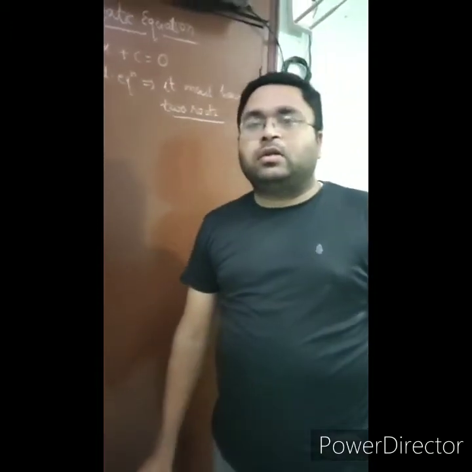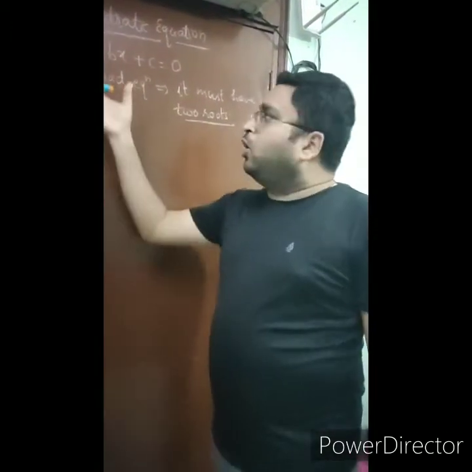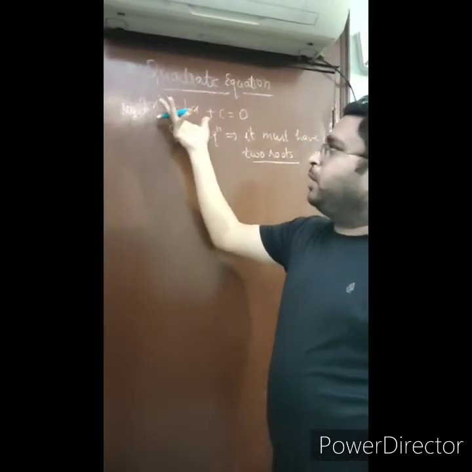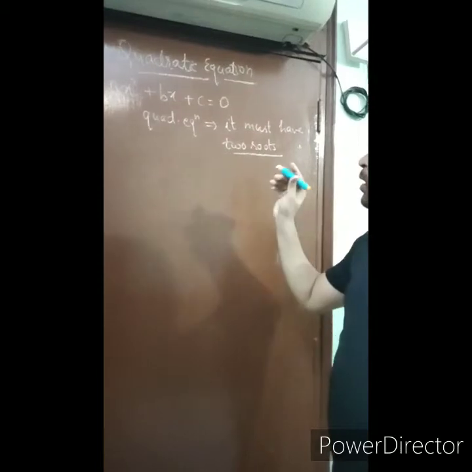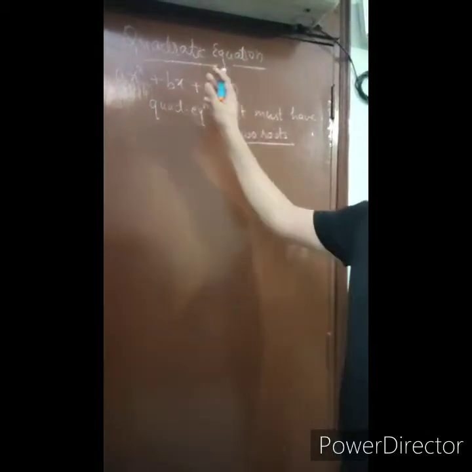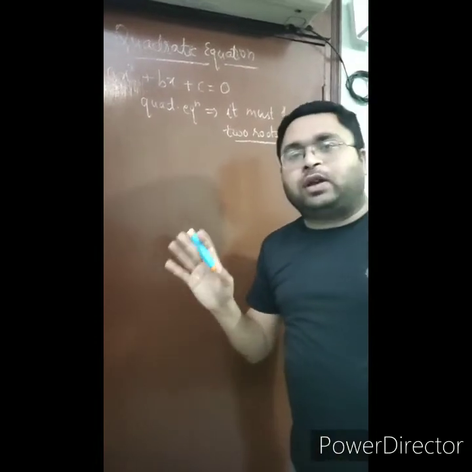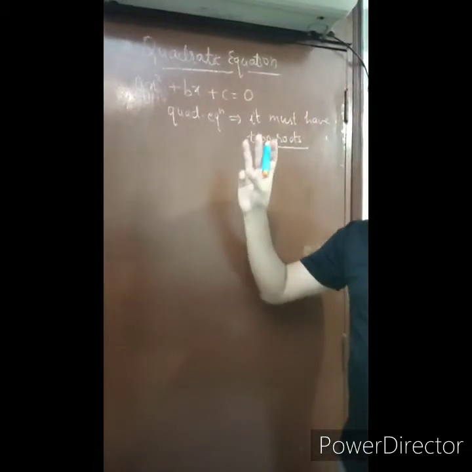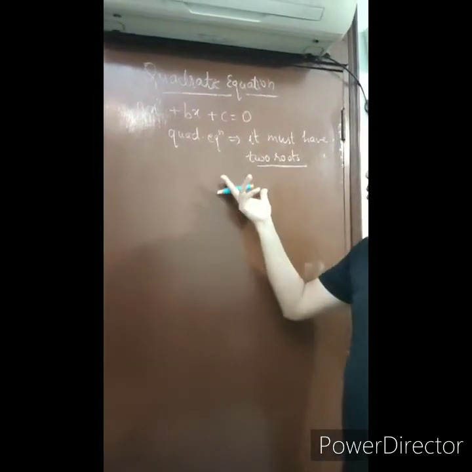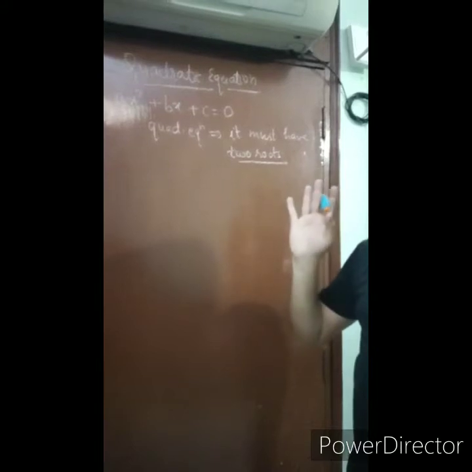What is the root? The root is the value of the variable for which the whole polynomial becomes equal to 0, or in other words, the values of the variable which satisfy the quadratic equation are called the roots of the equation. And it is a quadratic polynomial, that means its degree is 2, so its solutions must be 2, therefore we can say its roots are 2.